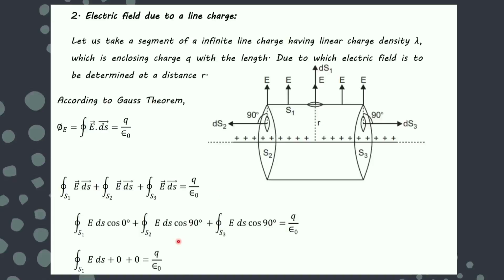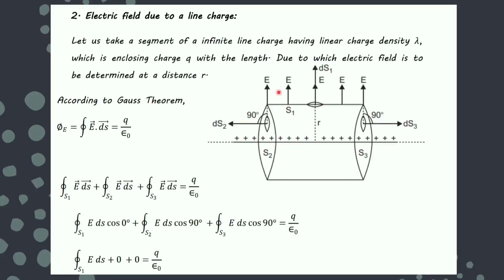So this much is clear to you. It means I am getting surface integral of E dS. dS is the cylindrical part, and then I want to write the value of integral of dS. If r is the distance, meaning the radius of the cylinder, and if I assume small l to be the length of the cylinder, then the area will be equal to 2 pi r L. These assumptions should be clear to you.